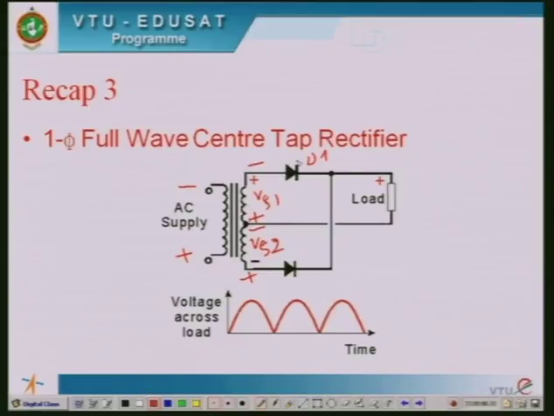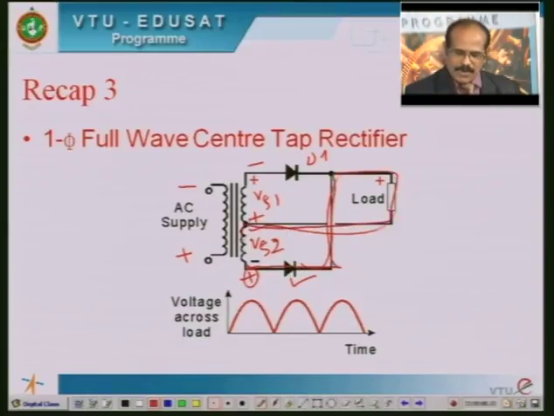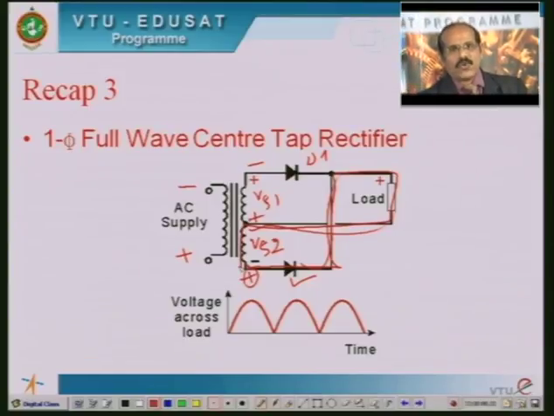Therefore, diode D1 acts as an open switch, whereas diode D2 is forward biased, because its anode is at positive potential with reference to the cathode, and therefore this diode acts like a closed switch. So when diode D2 conducts, the current flows from this terminal through the diode and through the load and back.